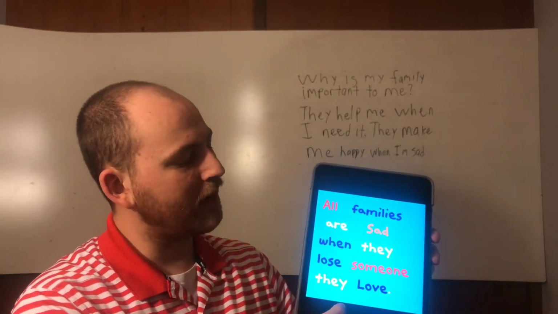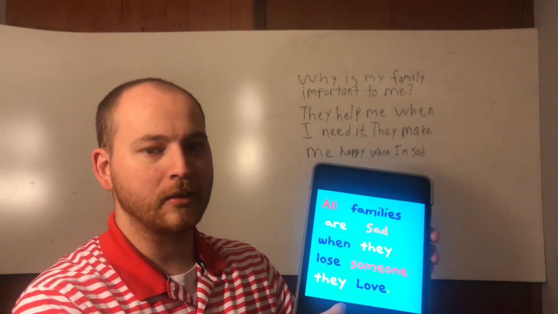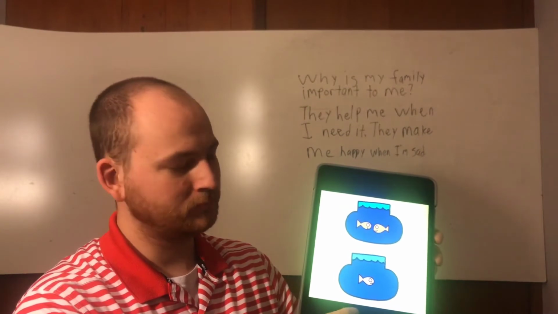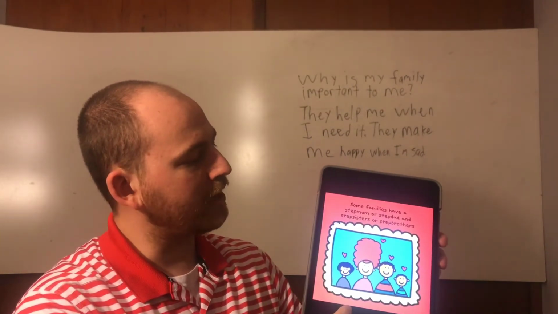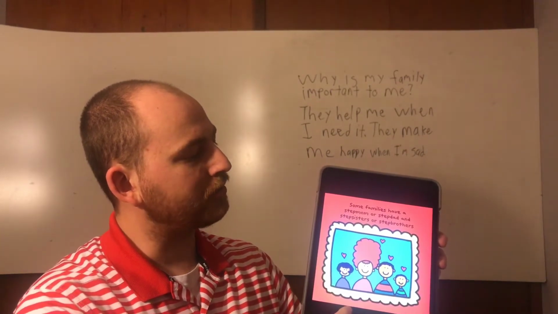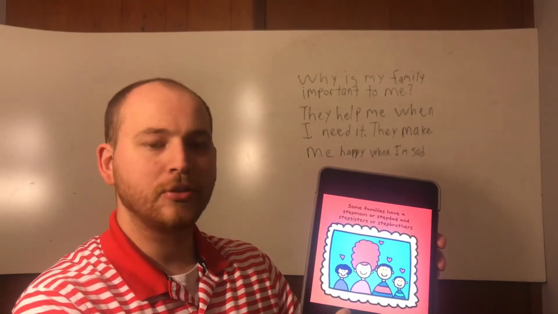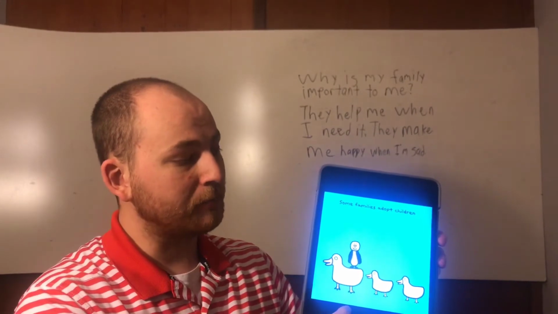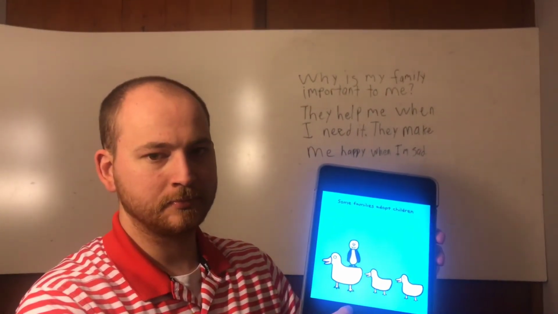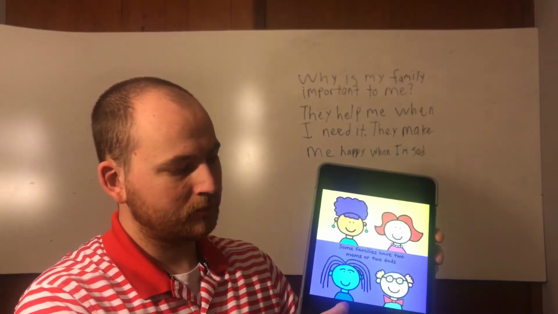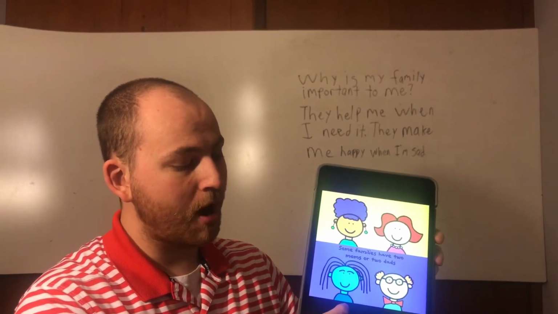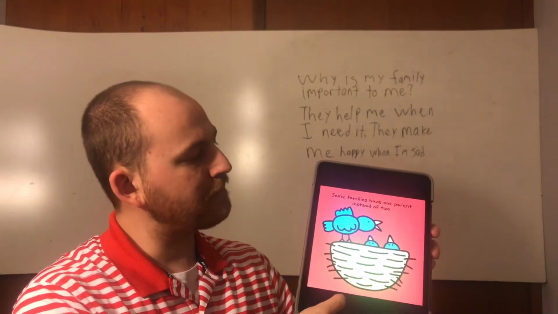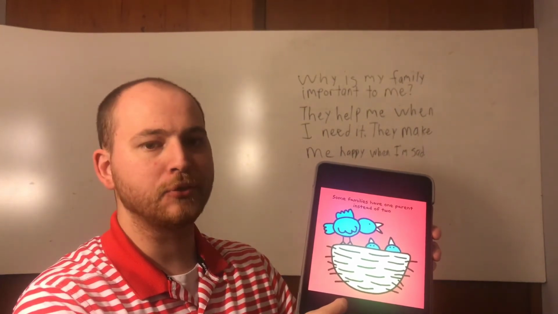All families are sad when they lose someone they love. Some families have a stepmom or a stepdad and stepsisters or stepbrothers. Some families adopt children. Some families have two moms or two dads. Some families have one parent instead of two.